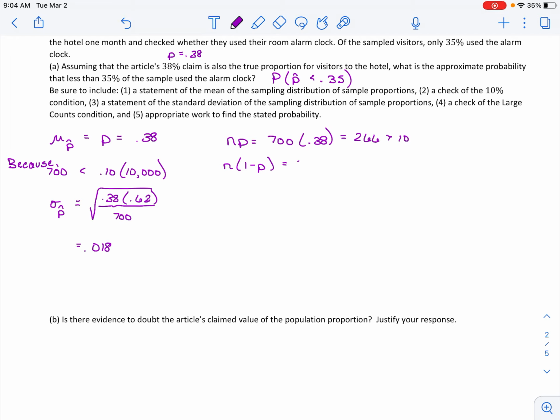The counted number of failures will also be more than 10. Therefore, the sampling distribution of sample proportions is approximately normal.